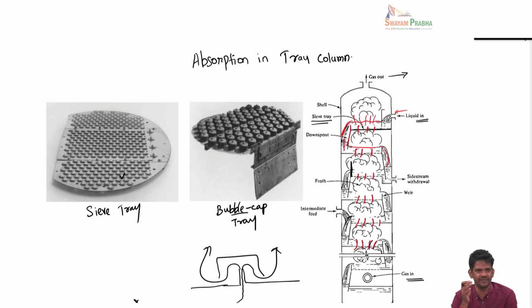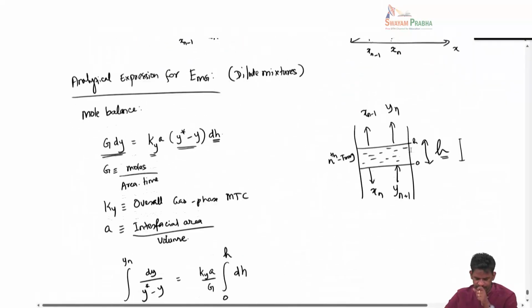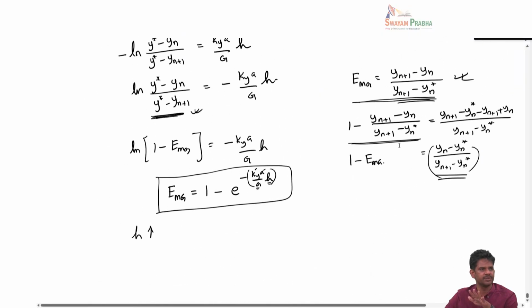You do not want to operate at a very high pressure drop. At the same time, you have to provide enough liquid column height so that mixing can happen. That is the compromise we have to make. So, h we would like to increase as much as possible, but not affecting the pressure drop too much.